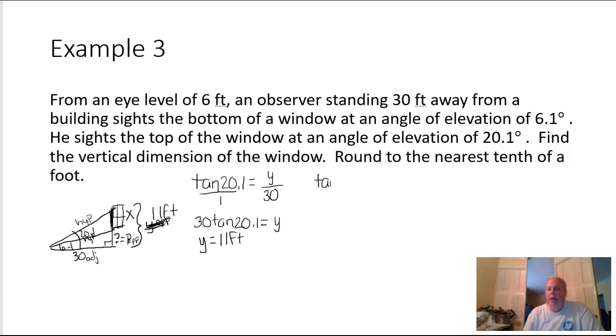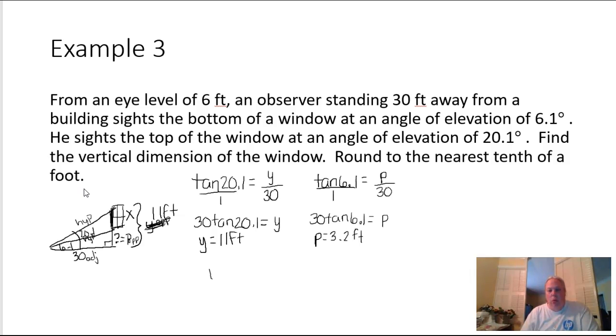This time, the tangent with respect to my 6.1 degree angle is going to be the opposite side, which we call P, divided by the adjacent side, 30. Now, if I put this over 1, I can cross multiply. We'll have 30 times the tangent of 6.1, and that will be equal to 1 times P, but that's just P. In my calculator, this is giving me 3.2 feet.